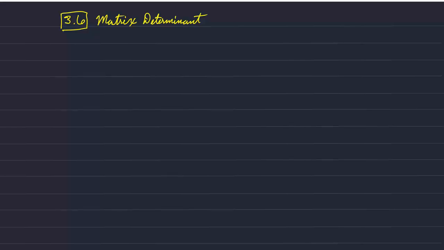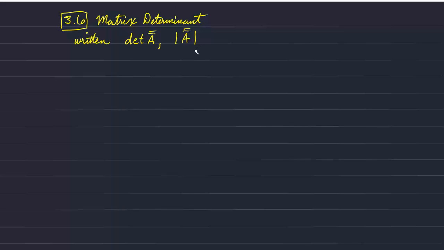Now, the next topic I'd like to cover is the matrix determinant, and this is section 3.6 of Wessel's notes. Now, determinant is written in various ways, and one way is just to write det of a matrix A. Another way is to put A between two vertical bars, and that means a determinant.